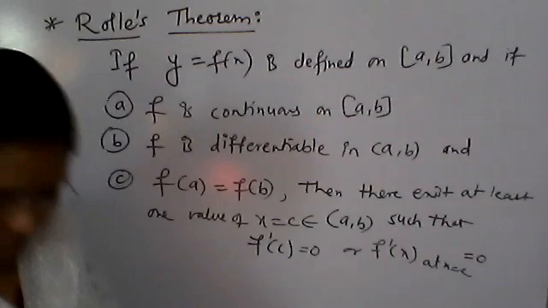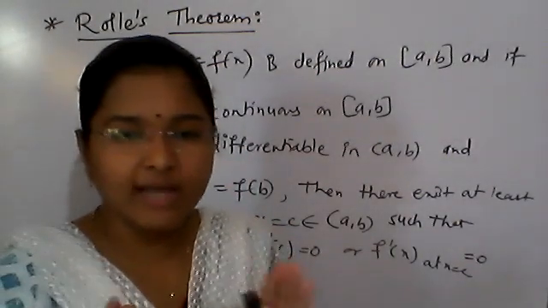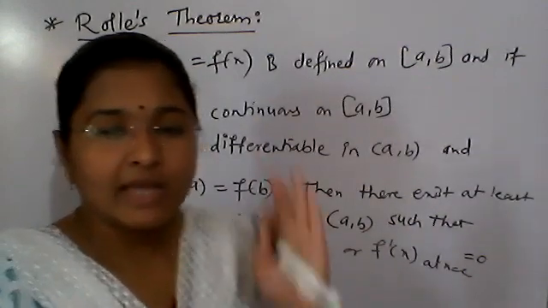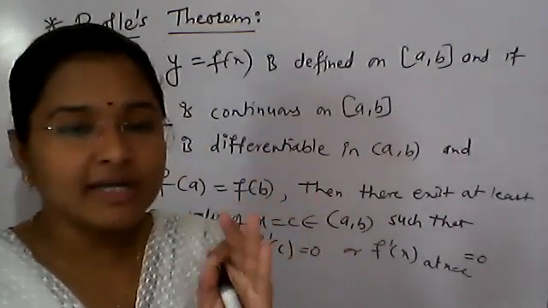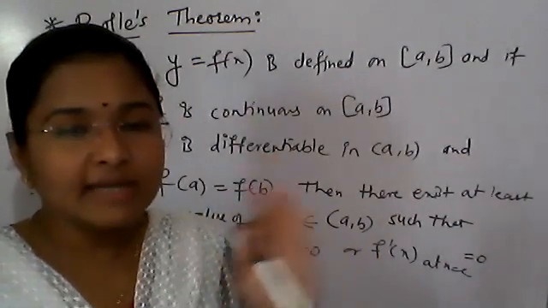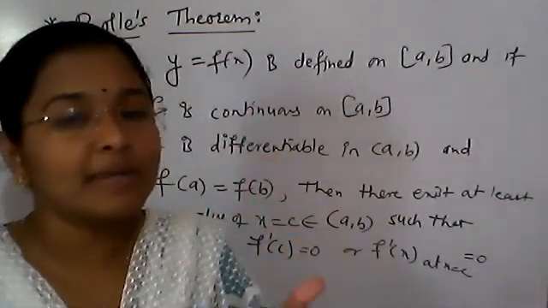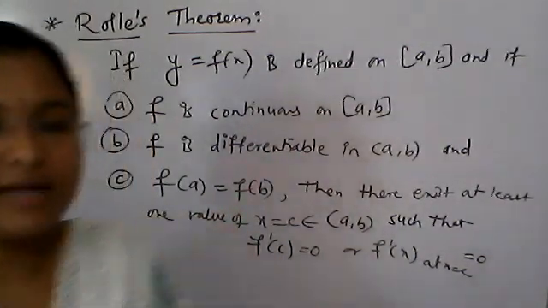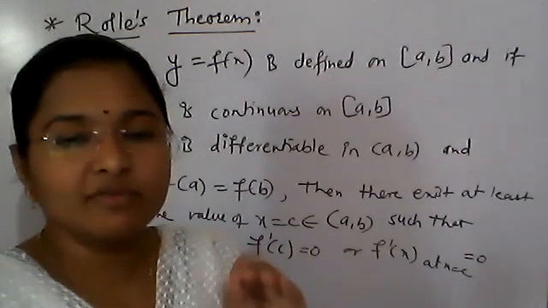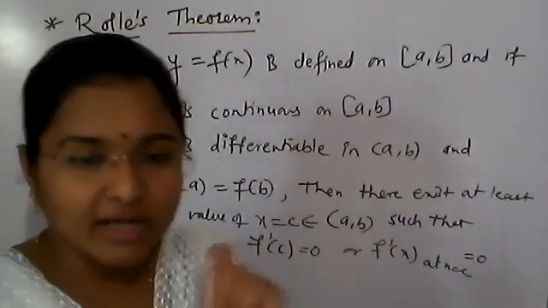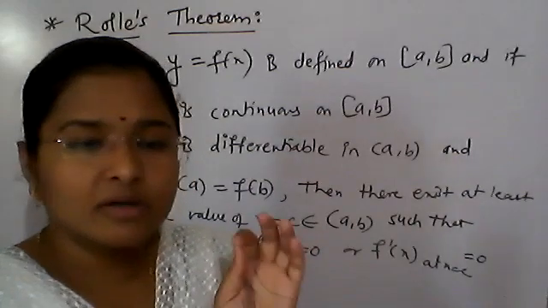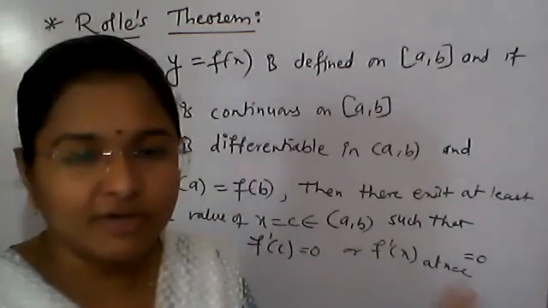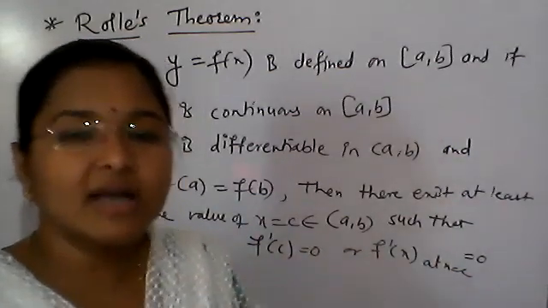See student, we have one function y which is defined on a closed interval, and if the given function is continuous on the closed interval ab and differentiable in the open interval ab, then when we get a question on Rolle's theorem, we have to check first, is the function continuous on the closed interval? 90% of the time the function we get is a polynomial function, and polynomial functions are continuous.